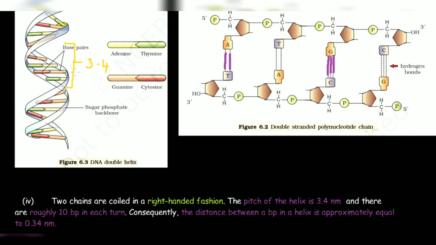If there are approximately 10 base pairs in this region, then the distance between each base pair will be 3.4 divided by 10, which equals 0.34 nanometer. So consequently, the distance between each base pair in a helix is 0.34 nanometer.